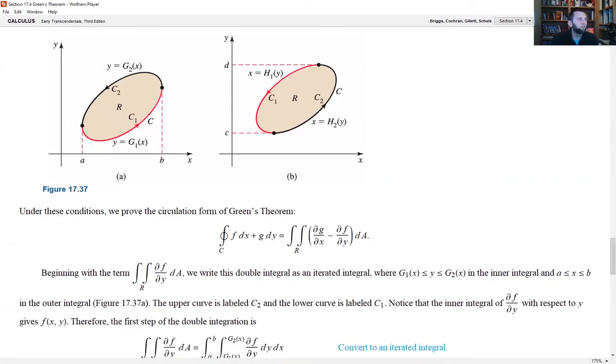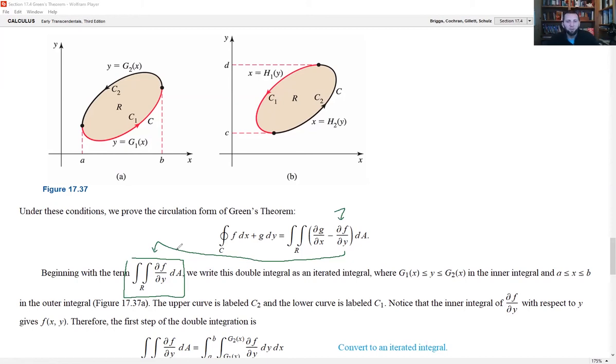So what we'd like to do to start with is focus in on this second part of the double integral, the partial with respect to y. And so we're going to begin with that term, and then once you get the idea for this term, you will pretty easily see how you could work with the partial of g with respect to x term.